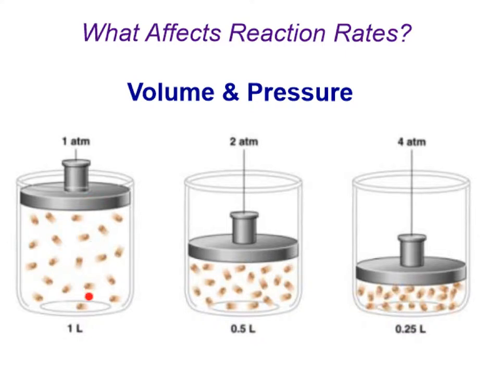Also, as we decrease the volume, we are increasing the pressure. So an increase in pressure will also increase the reaction rate. The converse of that is true. If we increase the volume, we are going to lower the reaction rate. Or if we decrease the pressure, we will also lower the reaction rate for these gases.